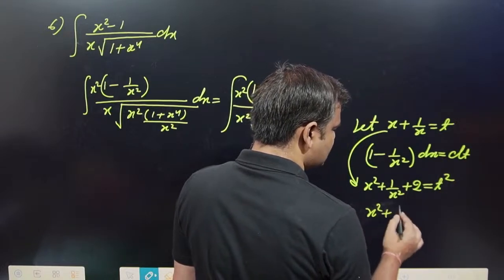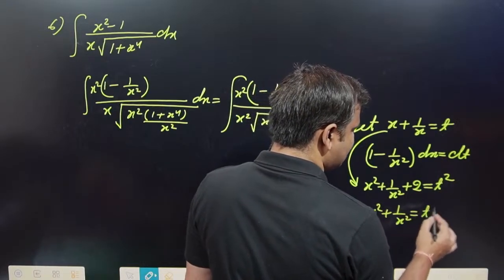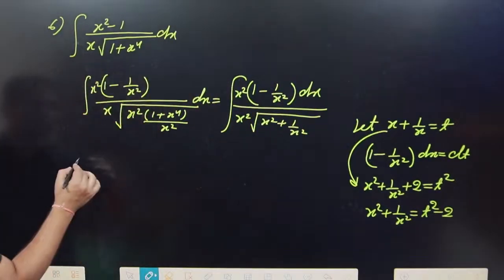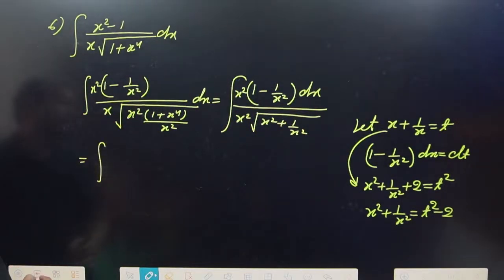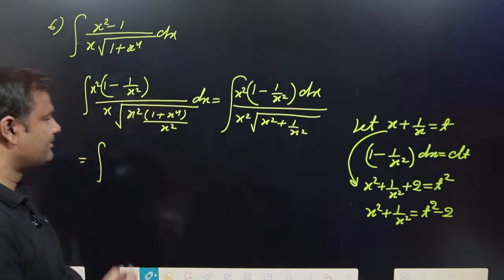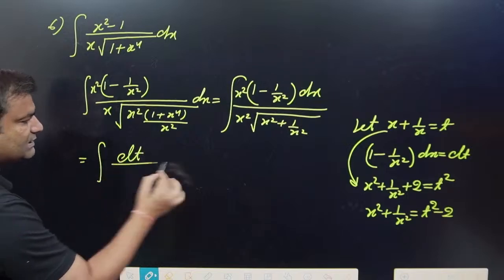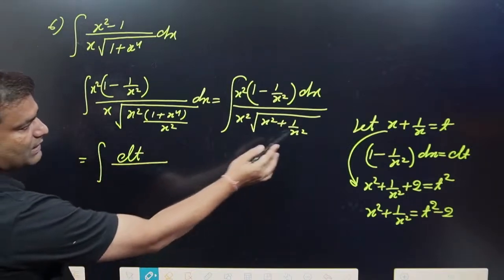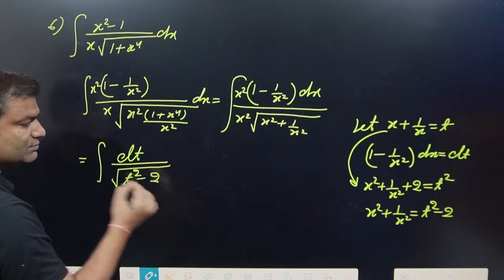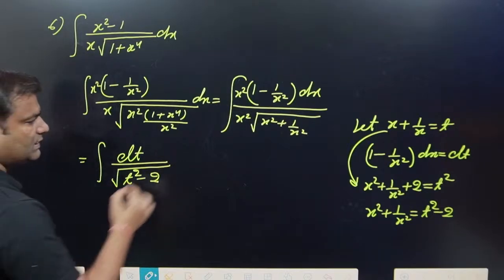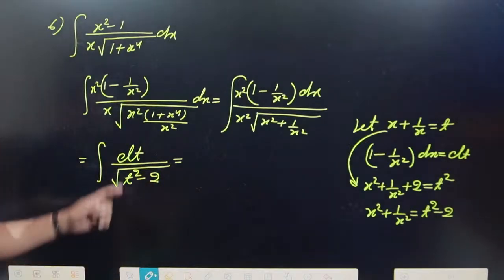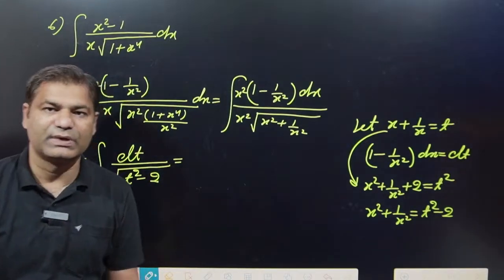So x square cancels, and this is replaced by dt divided by under root of t square minus 2. How can we do this type of problem? Simply dt upon under root t square minus 2.